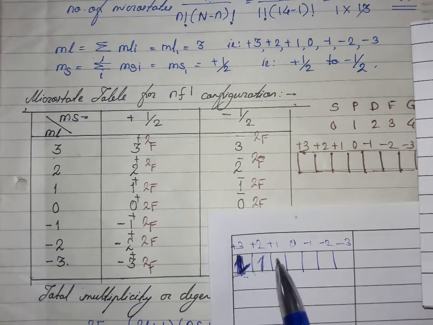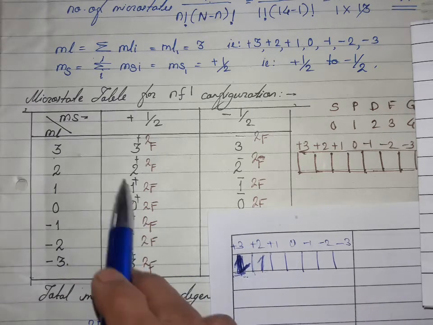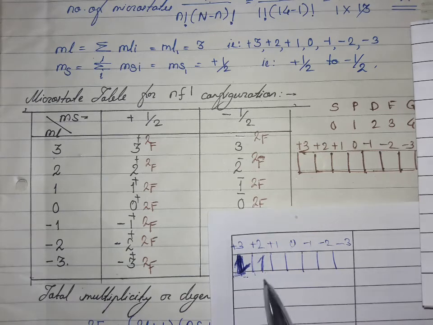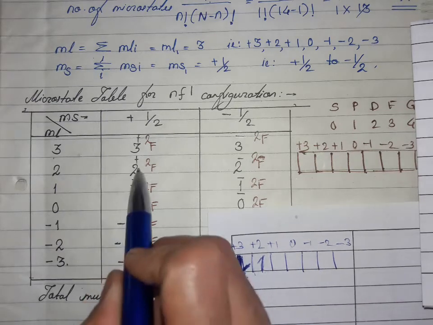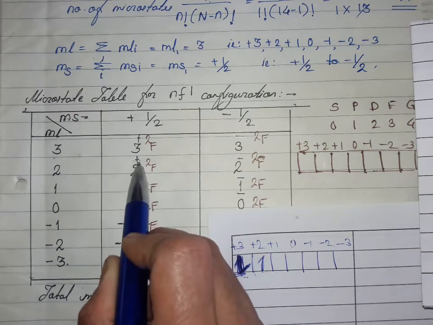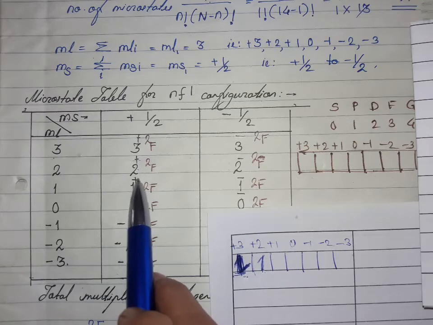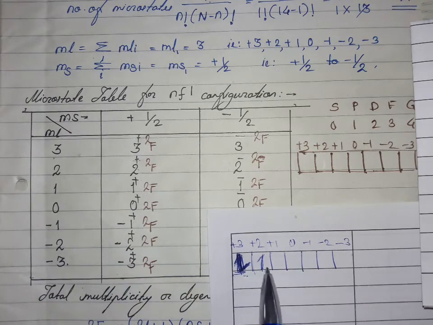So the electron is in the +2 shell, so write down 2 because this is the shell number. And what about that sign? The electron gives a positive sign, so put that positive mark above this 2. So this is the microstate of this second electron.